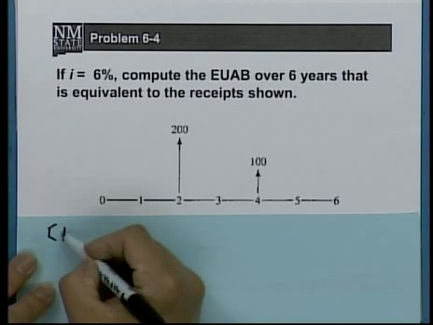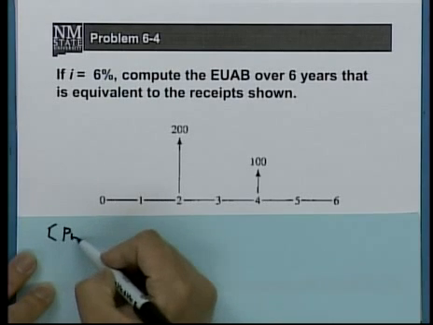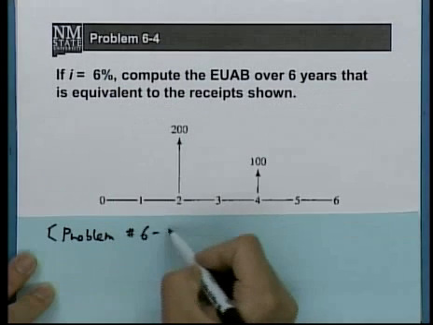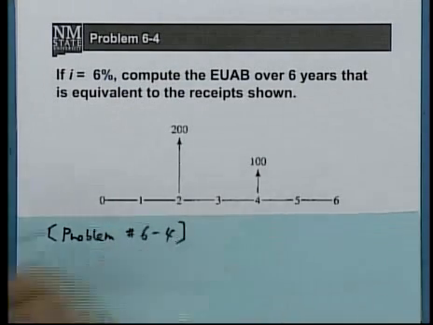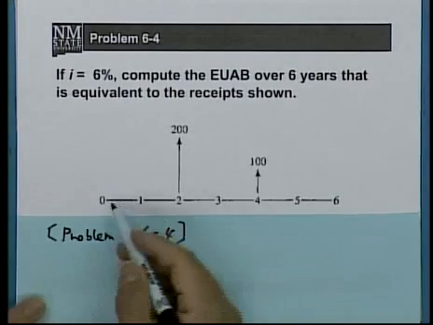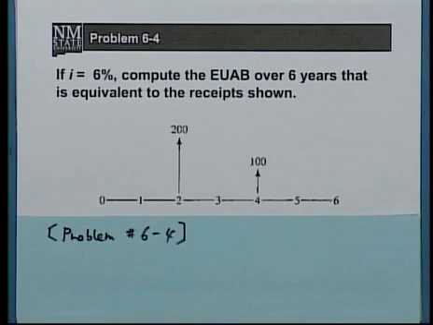So we are working on problem number 6-4. How would you compute the equivalent uniform annual benefit over 6 years here?